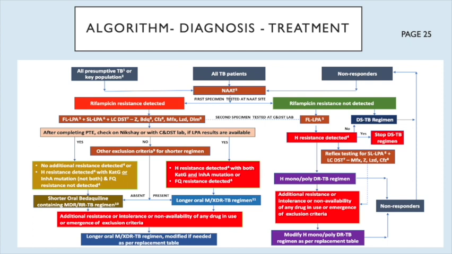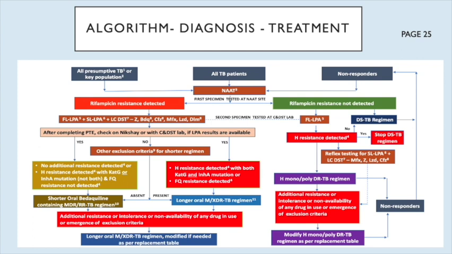Now, if you detect rifampicin resistance, then this arm starts. In this arm, if there is resistance to rifampicin, we want to know whether there is resistance to other second line drugs and INH also. To know that, the second specimen will be sent for LPA of first line, LPA for second line, and for liquid culture.